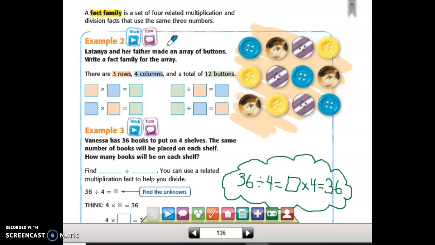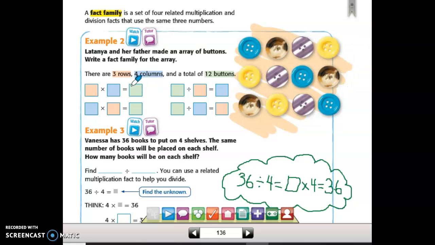Latanya and her father made an array of buttons. Write a fact family for the array. There are 3 rows, 4 columns, and a total of 12 buttons. So 1 row, 2 rows, 3 rows, 1, 2, 3, 4 columns, 3, 6, 9, 12, or 4, 8, 12.